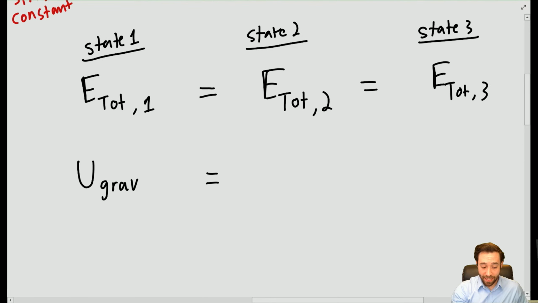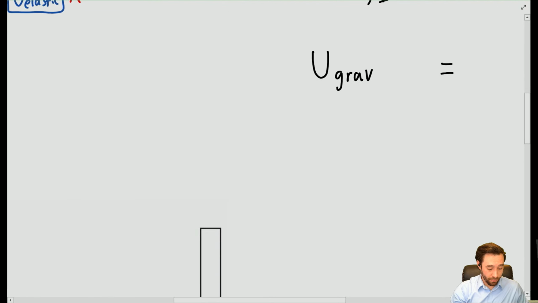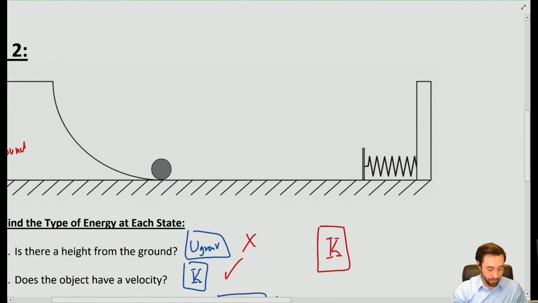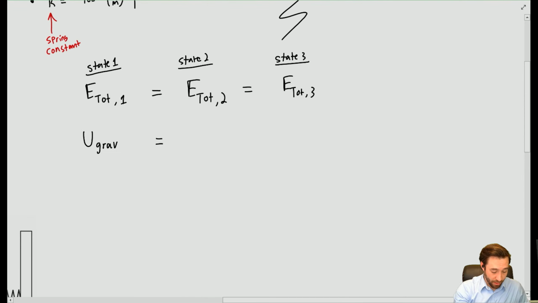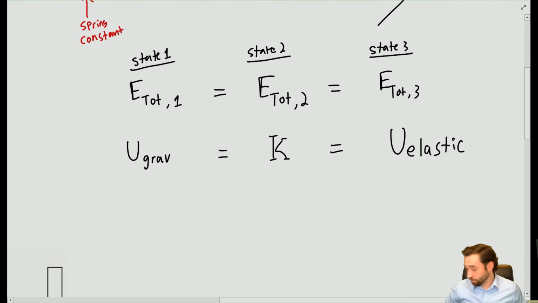So the energy at state 2 was kinetic energy, so I'm going to write kinetic. And then lastly, it was U elastic. Cool. Any questions so far?